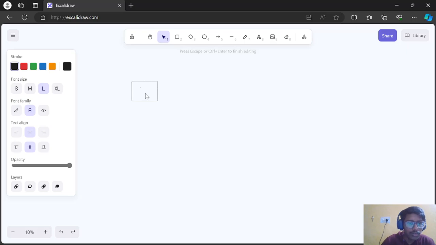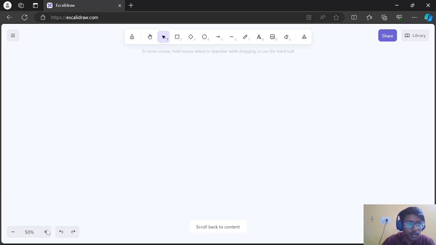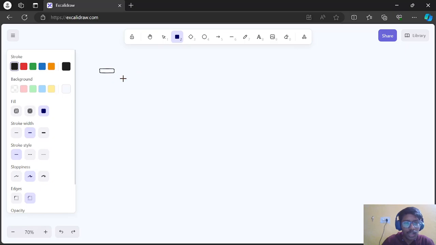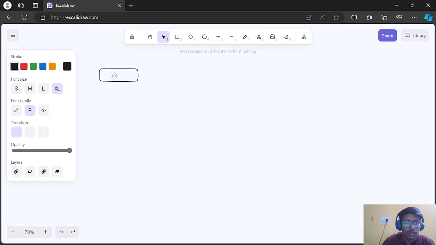I guess it's not visible that much. Let me draw that again. Yeah, I guess now it is visible. So the first entity would be the user entity, as we discussed.